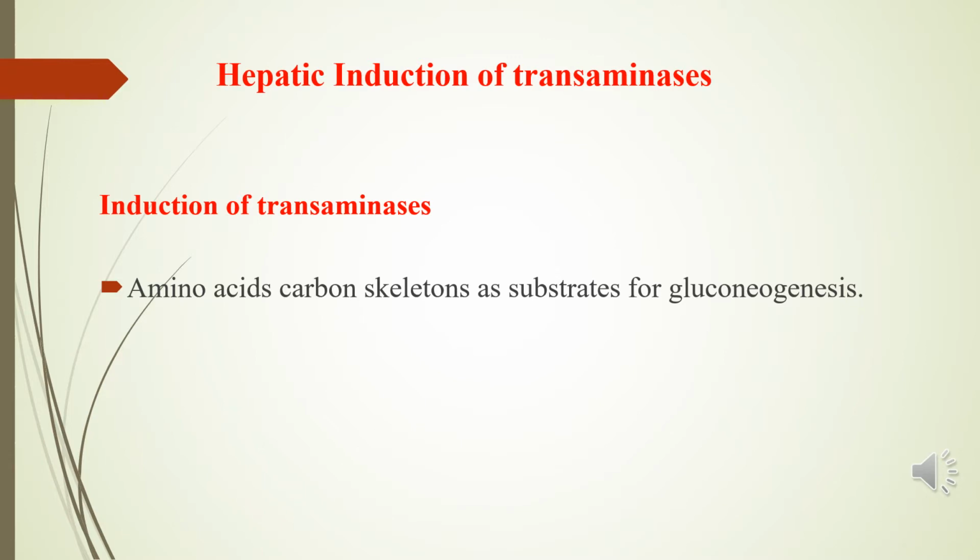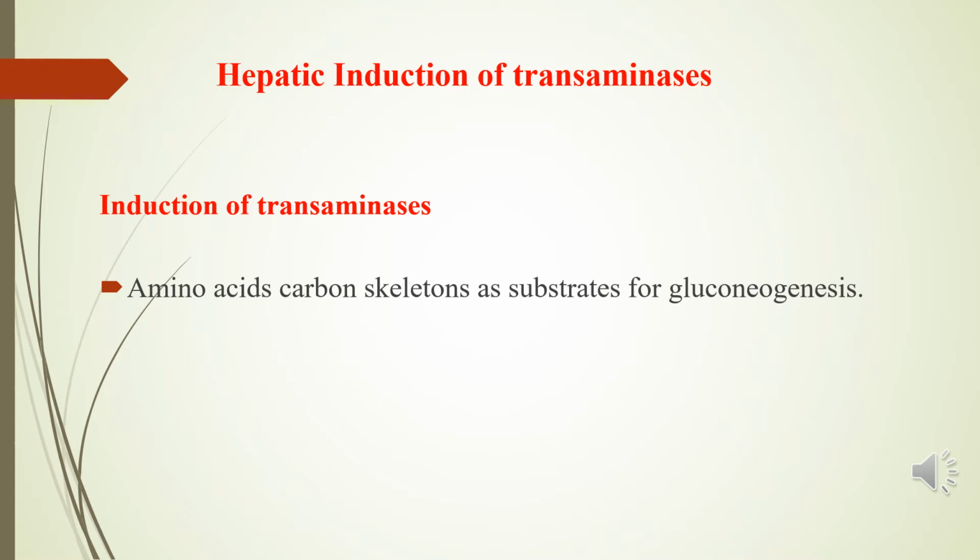Also, glucocorticoids are important enhancers or inducers of the transport of amino acids to the liver, where they induce transamination reactions of amino acids, which serve as substrates for gluconeogenesis.